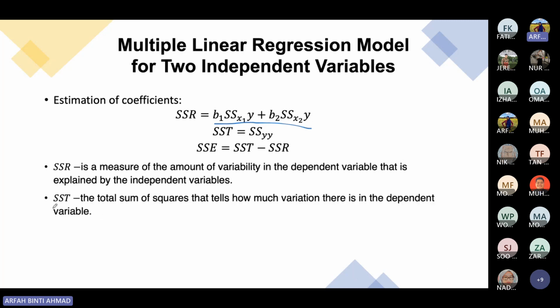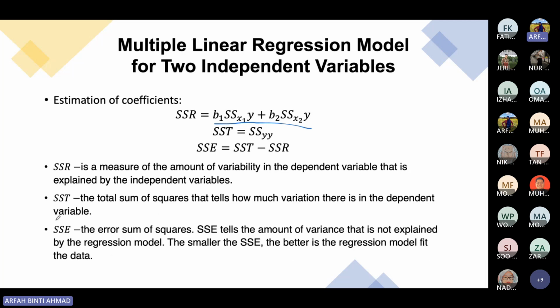And then sum squared of total gives you the total sum of squared that tells how much variation there is in the dependent variable. And then sum squared of error gives you the error sum of squared. It tells the amount of variance that is not explained by the regression model. The smaller the SSE, the better the regression model fits the data.